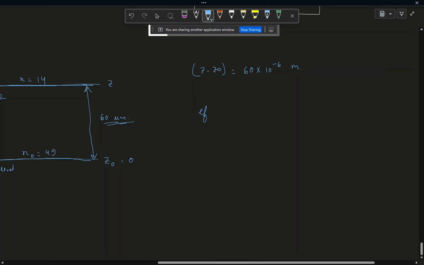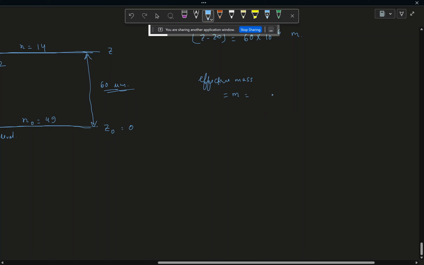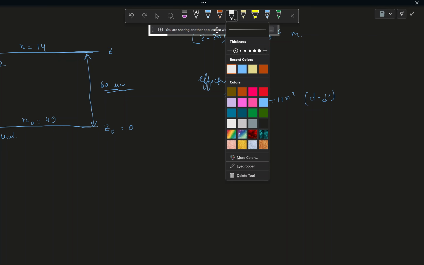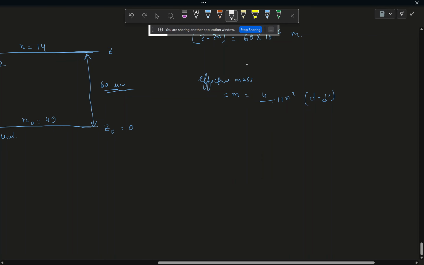Then also you have to calculate the effective mass of each of the particles. This is not simple mass, this is effective mass, so this is different. Let's say this is m in this case, and for such a colloidal suspension of particles, the effective mass has a formula 4/3 pi r cube into (d minus d prime), where 4/3 pi r cube is basically the volume part.